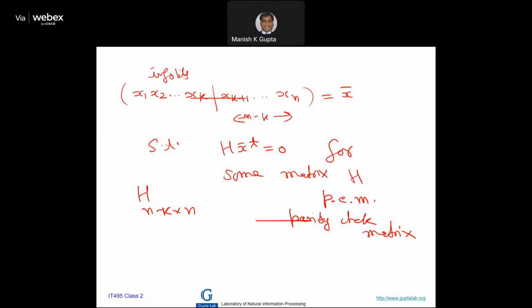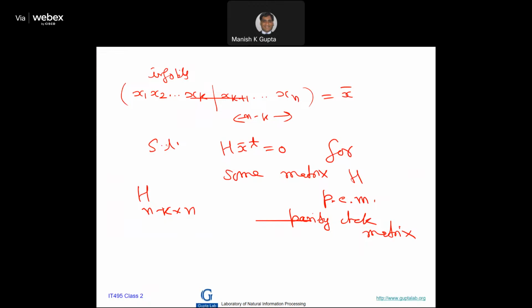I'm going to tell you now. This parity check matrix also describes in a very natural way our linear code. Linear code parameters were n, k, d, a k-dimensional subspace, and that can also be described by this parity check matrix. Let me show you those relationships.